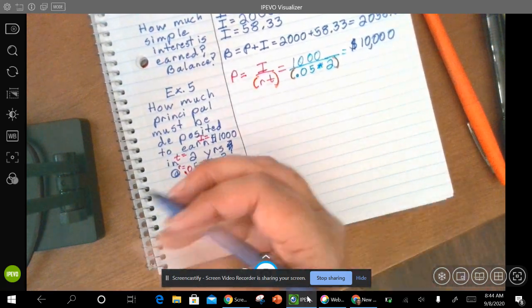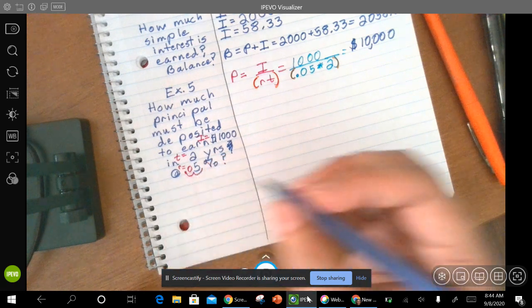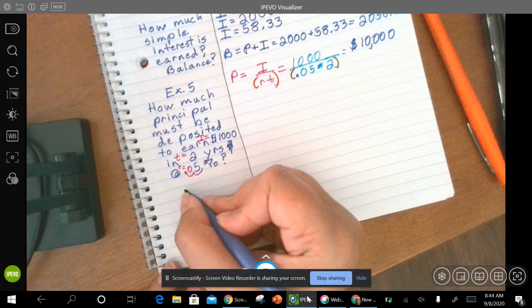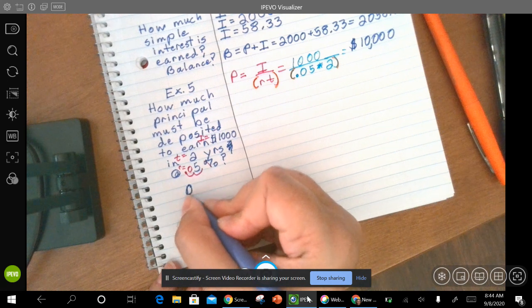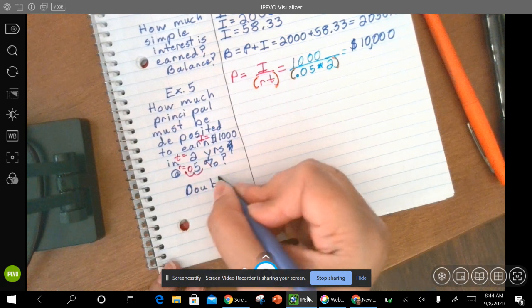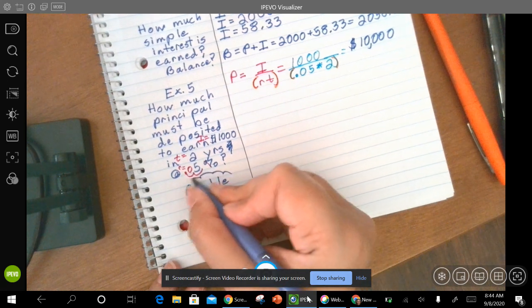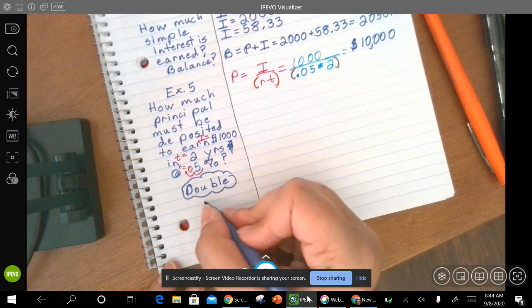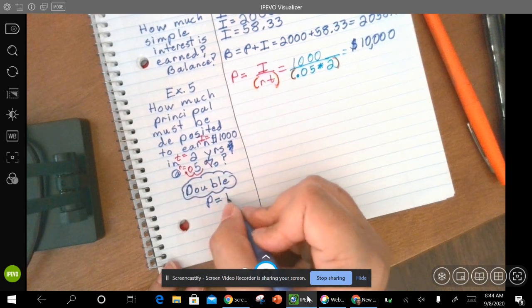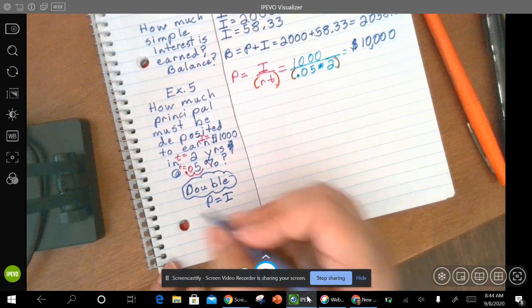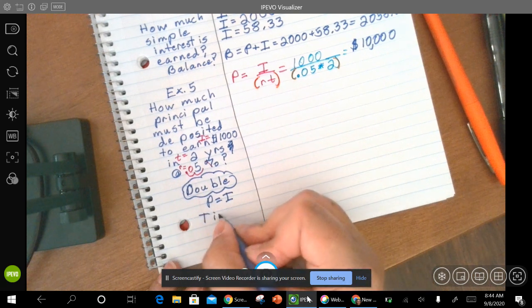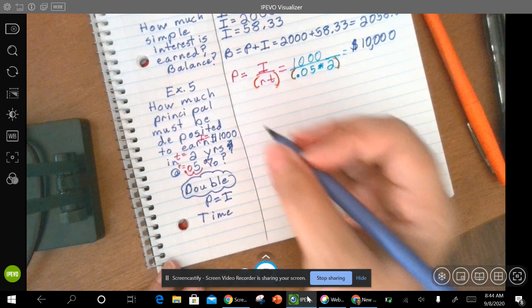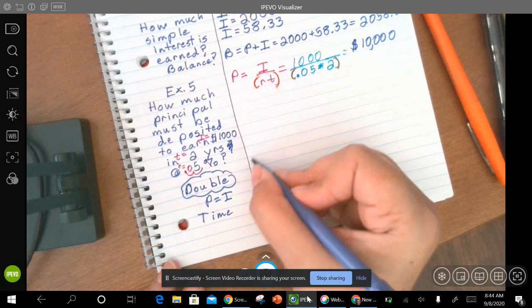What if, everybody, we wanted to double it? So this is solving for time. That means that the principal is equal to the interest. So we're solving for time in this one. So I'll write the question here.